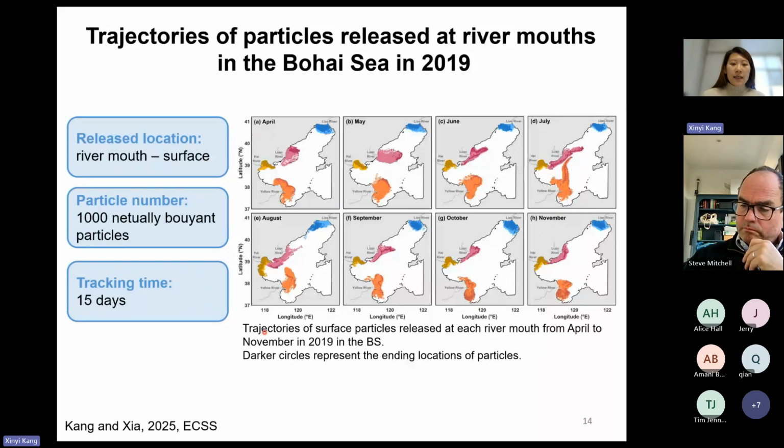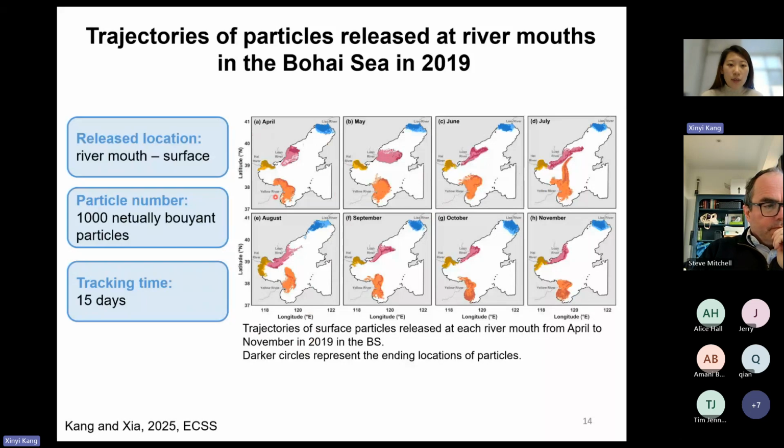And these are the surface trajectories. The darker circles represent the ending locations of the particles. We could see that the particle transport dynamics from the 4 major rivers in the Bohai Sea show distinct spatial and temporal variations.